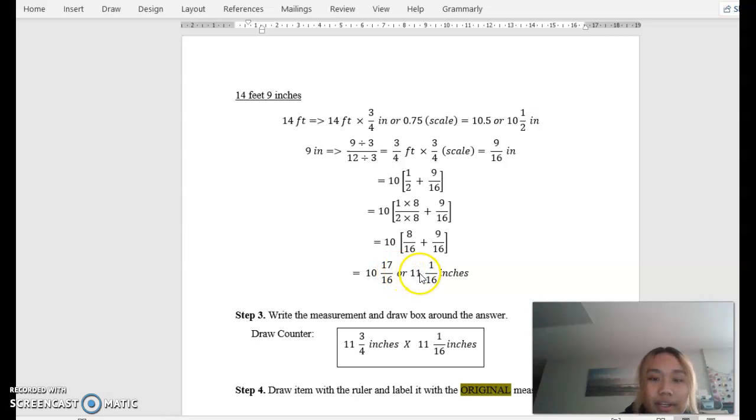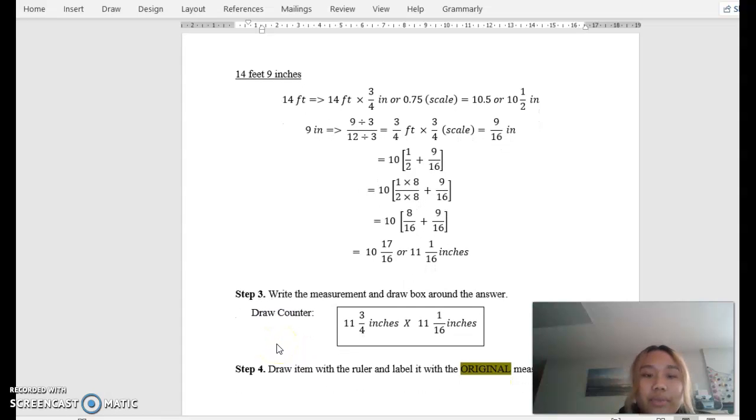That gives us 11. How many 16s in 17? There's 1, so we can add it to our whole number. That's why we got 11. So 17 minus 16 gives us 1, and just copy the denominator. So the final answer would be 11 1/16.